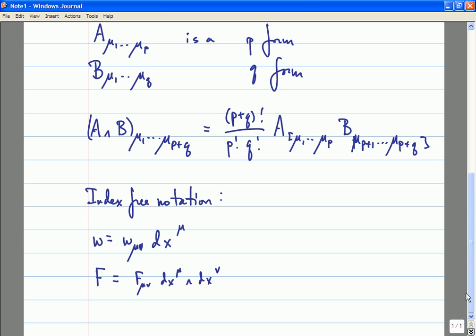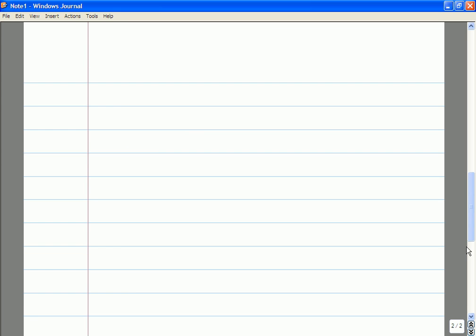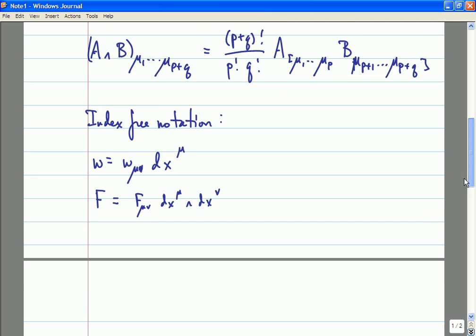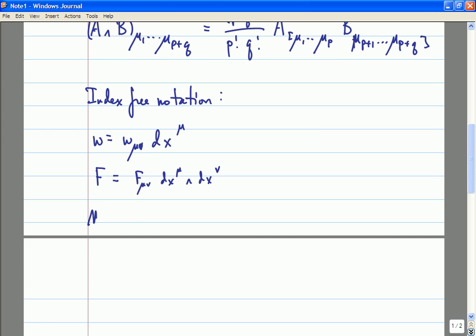Electromagnetism is an example of a theory of physics which can be formulated purely in terms of the language of differential forms. Indeed, if I were to write down Maxwell's equations in the language of differential forms, how would I write them? Well, F is the electromagnetic field strength tensor, and Maxwell's equations are the statement that dF equals 0.